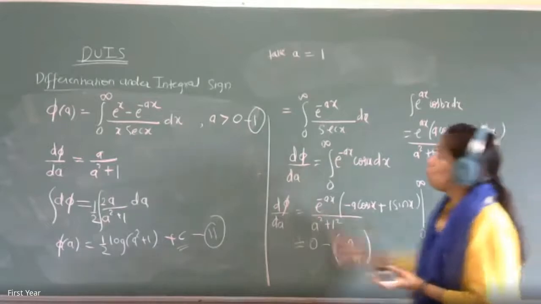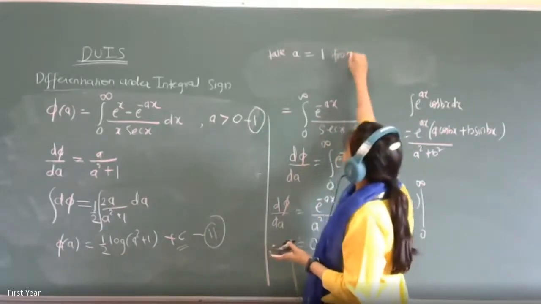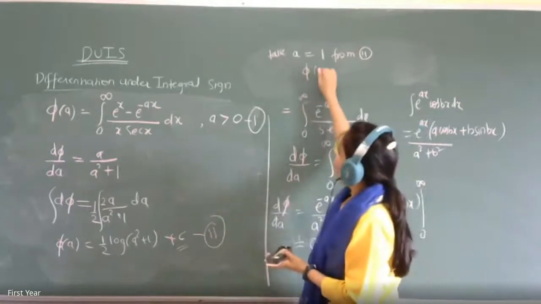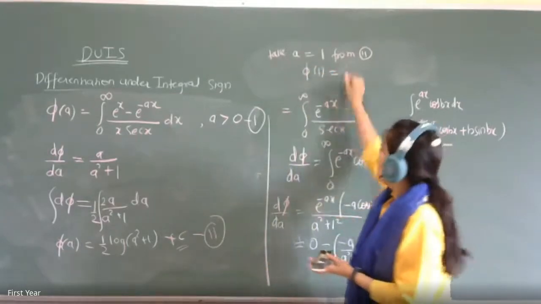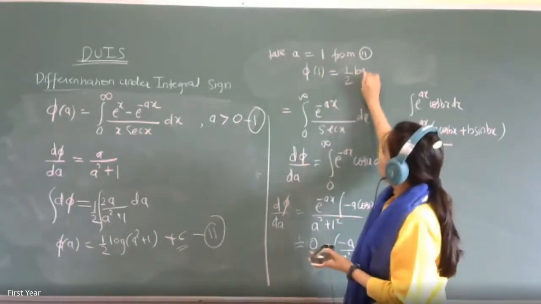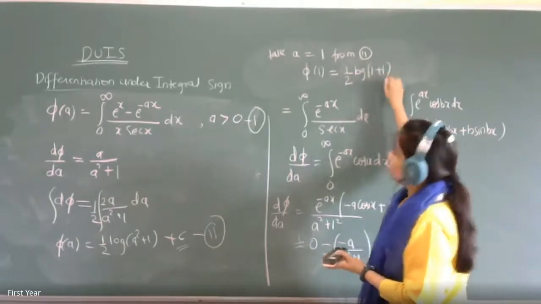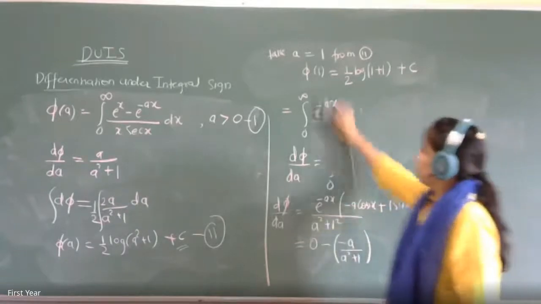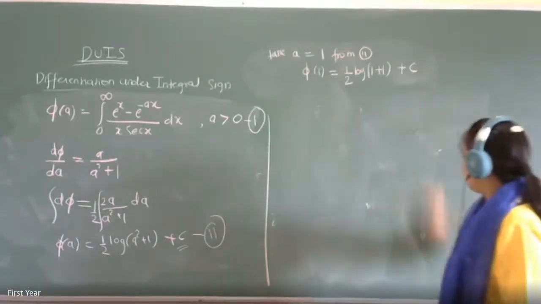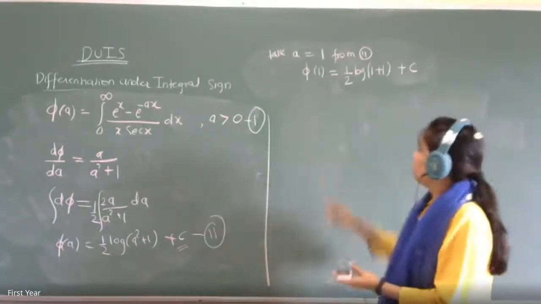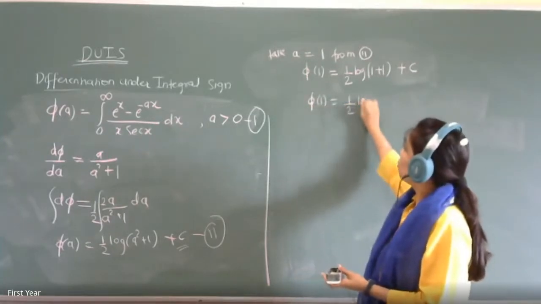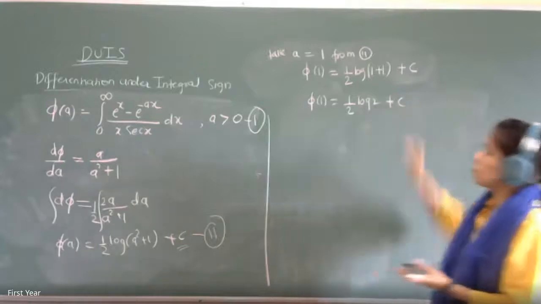So from 2, put a equal to 1. Phi of 1 is equal to half log of 1 square plus 1, plus c. That is, phi of 1 is equal to half log 2 plus c.